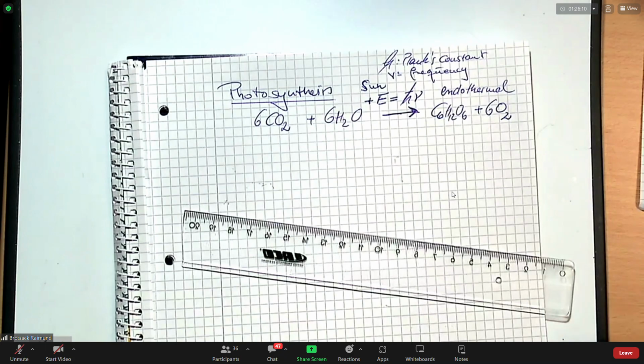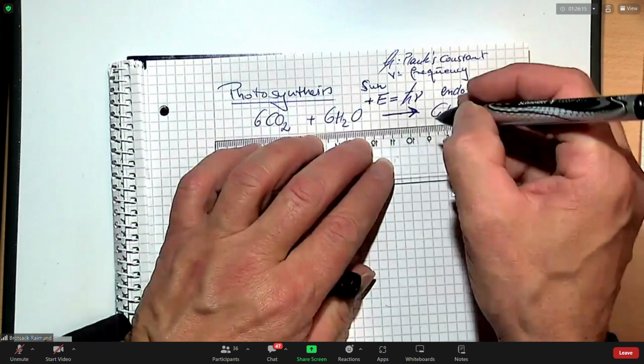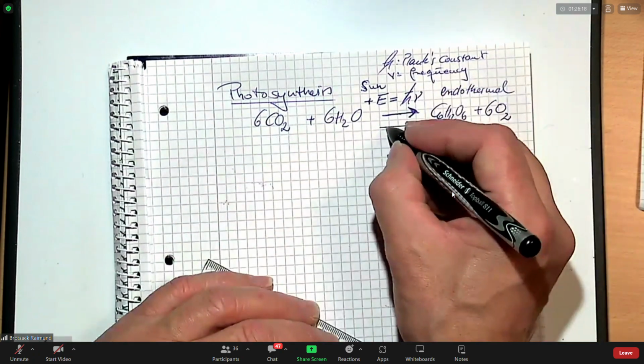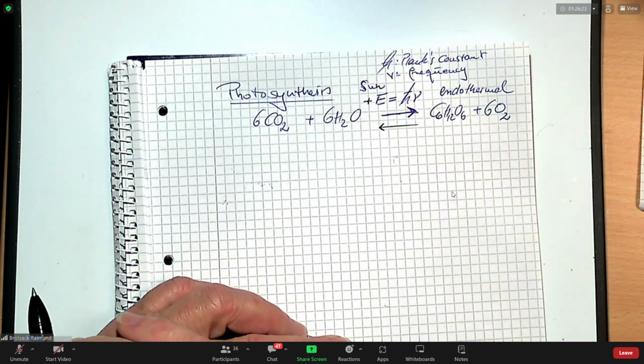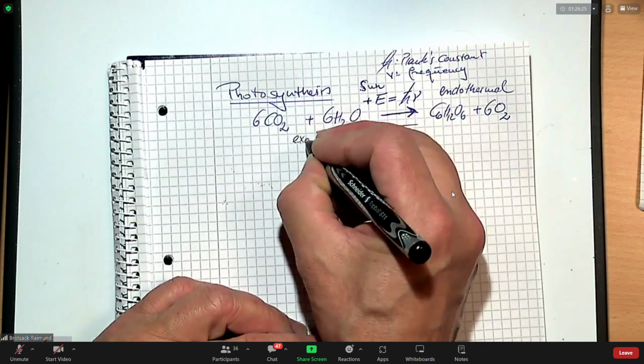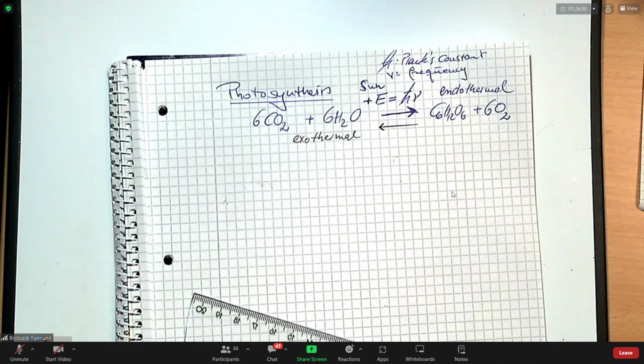Now, when we burn our biomolecule, it is just the vice versa process, backwards. Is it endothermal or exothermal? Now it's exothermal. We need oxygen, otherwise it won't burn. We burn it and we create energy, exactly the same amount which has been invested before via the photosynthesis.